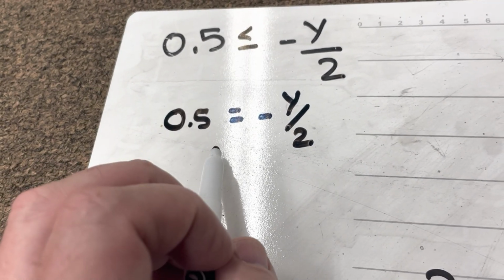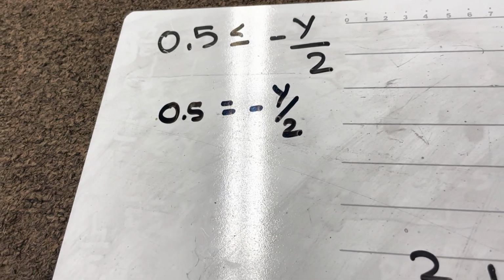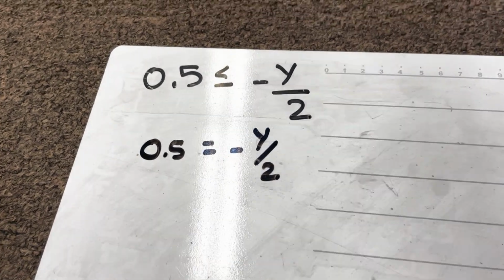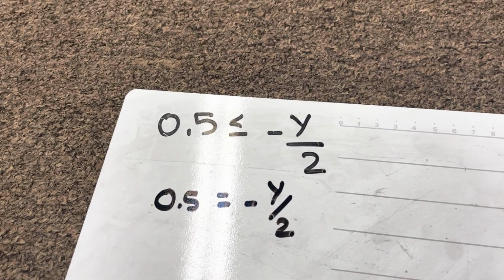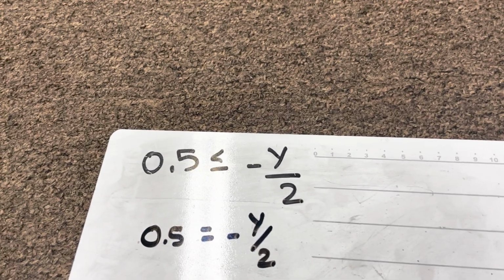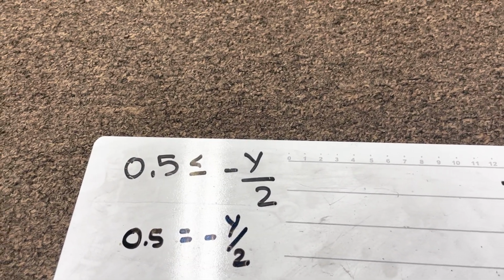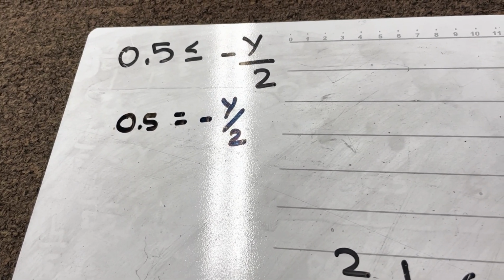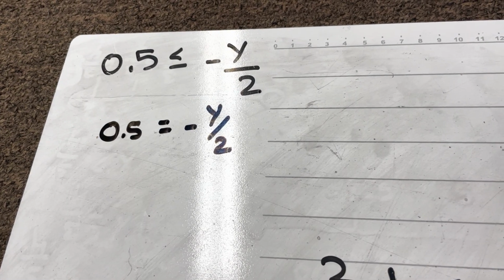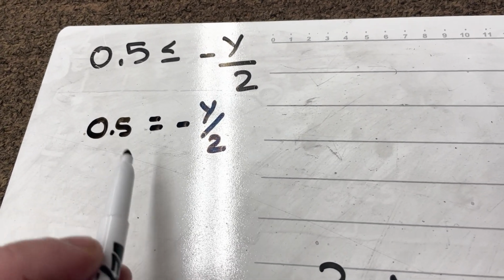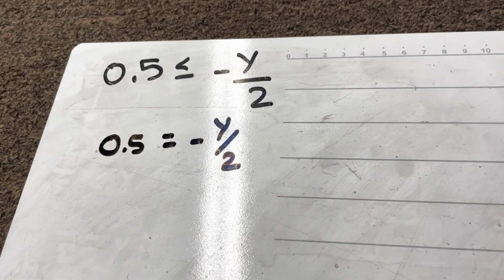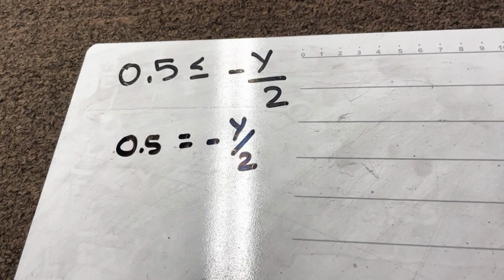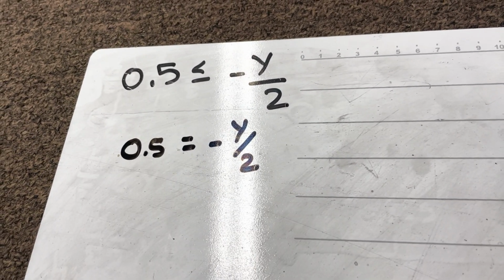So 0.5, when it's negative y over 2, what I'm going to do in this situation is I want to solve for negative y. So first of all, I'm going to divide everything by 2.